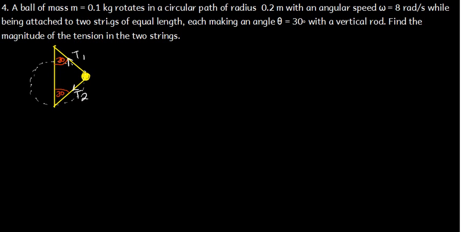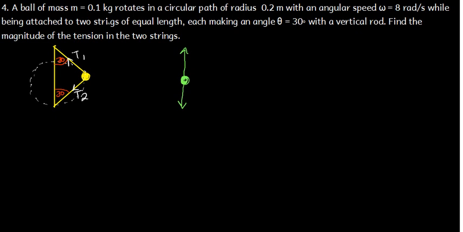Now first we need to write a free body diagram for this ball. So this ball is here. Due to the tension in this rope, there is a force acting upwards. On that ball there is that force acting upwards, and then due to the tension in the other rope, there's also a force acting downward.